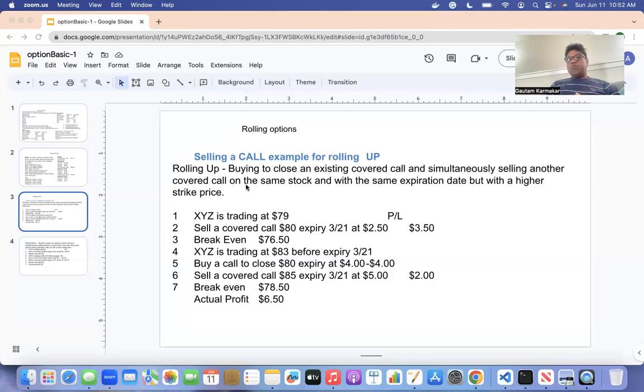But one thing you have to be very careful about in this situation is that as the stock price goes up, when you want to buy back the covered call that you wrote, typically you will have to pay more premium than you already got. So you will be net debit on these transactions. You have to choose the next covered call to compensate not just that debit, but also keep your profit, right?